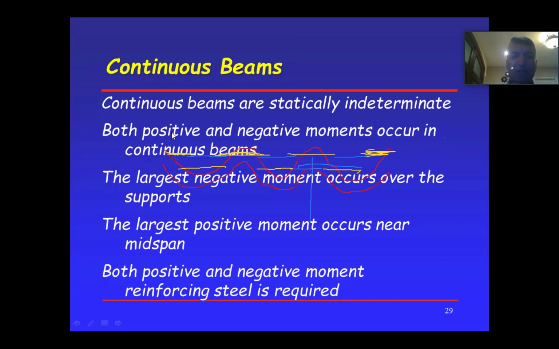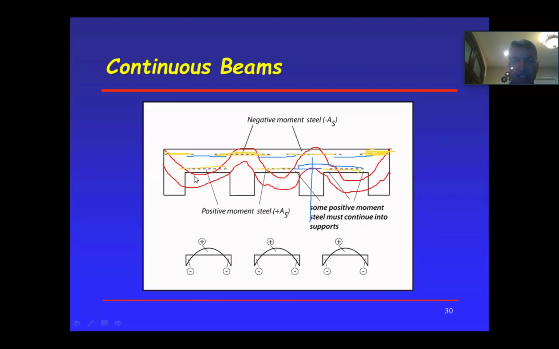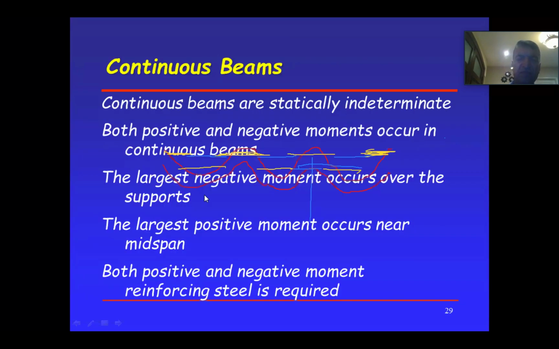So it says both positive and negative moment occur at the continuous beam. What is this moment here? Positive. What is this moment here? Negative. Positive, negative, positive, negative. Okay, that's what happened. The largest negative moment occurs over the support.